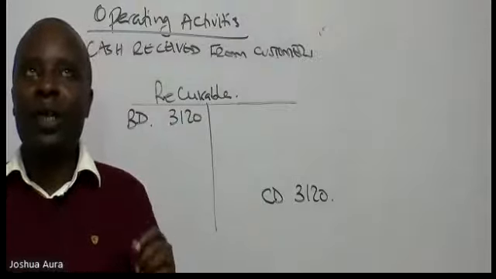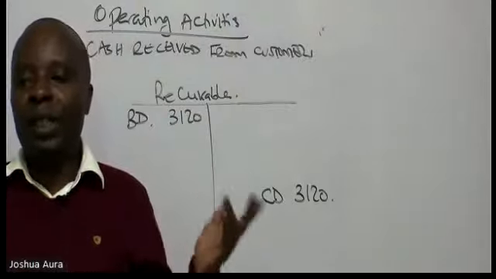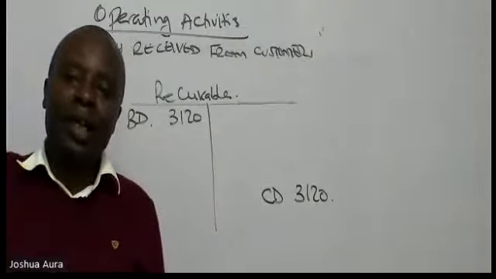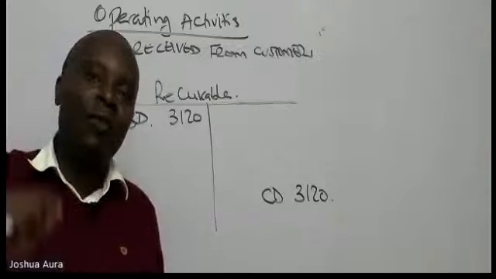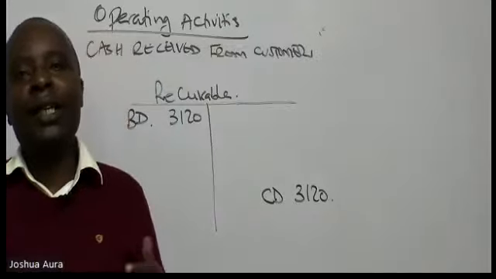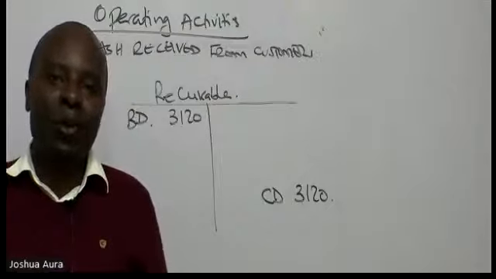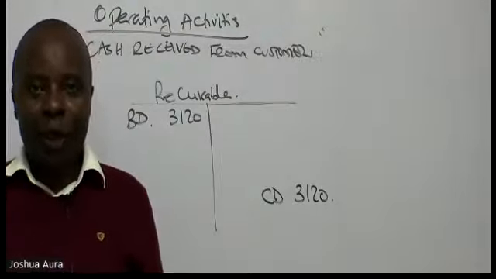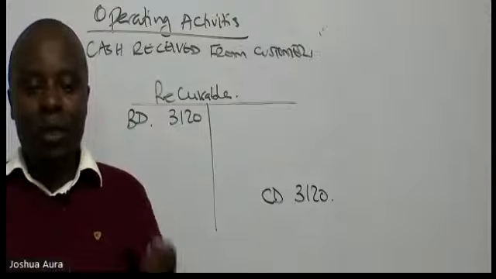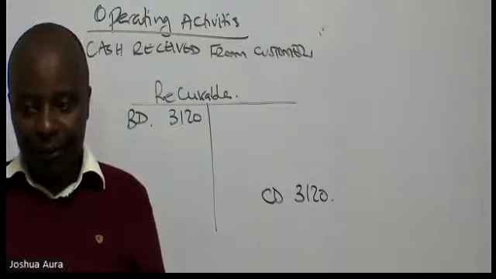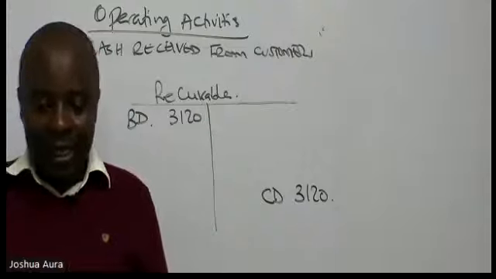When we have credit sales, what happens? We debit the receivables, we credit the sales account. At your level, mostly the sales you'll be given, nobody will tell you whether it was cash or credit. We always assume that whatever sales is given here is credit.